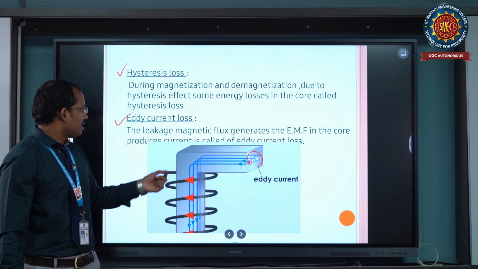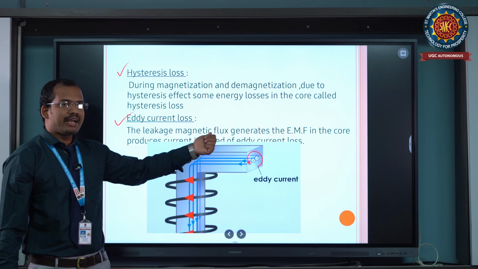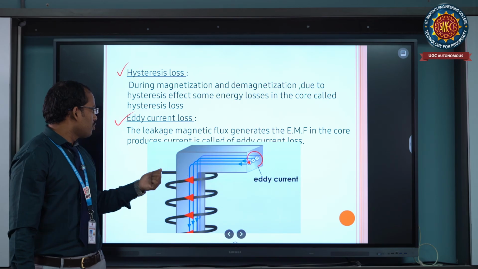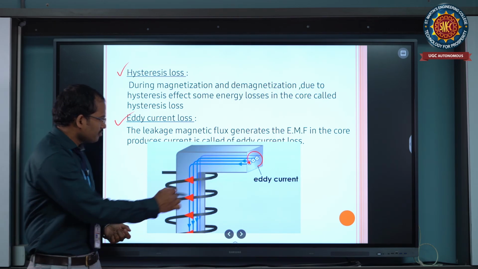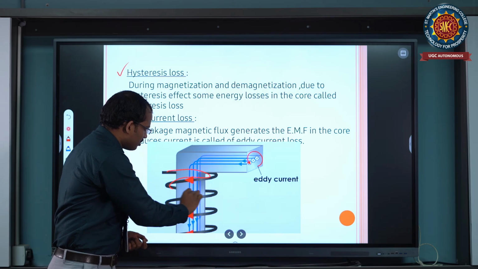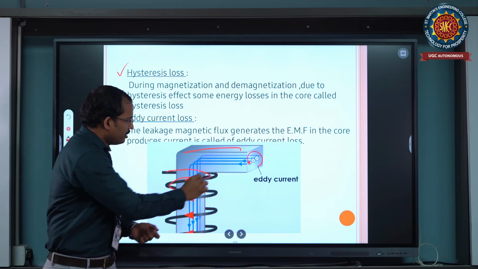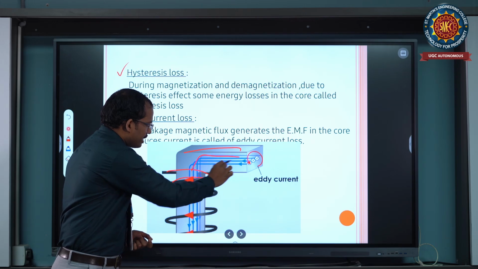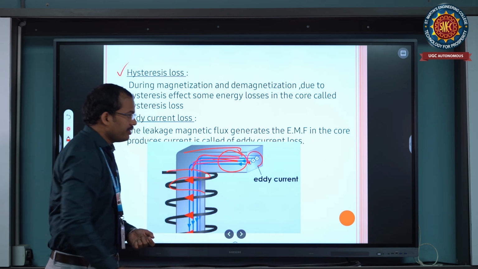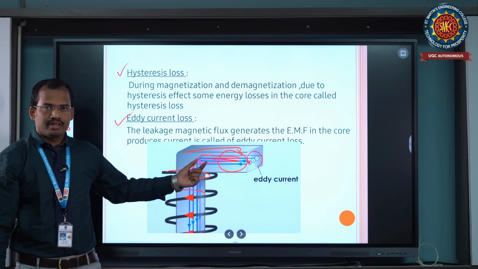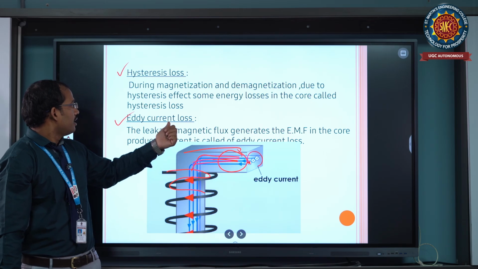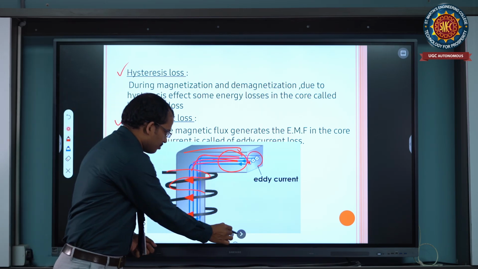Eddy current losses are produced by the leakage magnetic flux in the core. This is the iron core of the transformer, and this is the winding of the transformer. In this iron core there is magnetic flux, and due to this magnetic flux, eddy current losses are induced in the transformer. So this is the eddy current loss of the transformer.